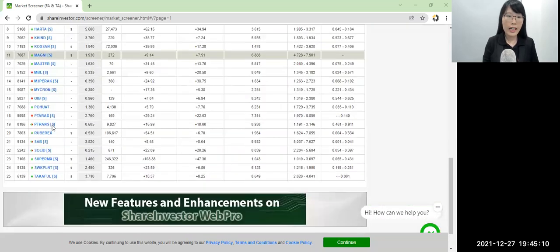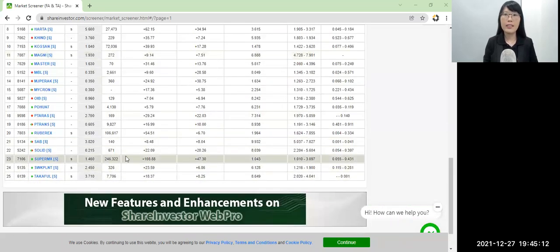So these are the 25 companies that fulfill all the criteria. Okay, so 25 companies fulfill the above criteria, such as high liquidity, cheap, high earnings, and so on.